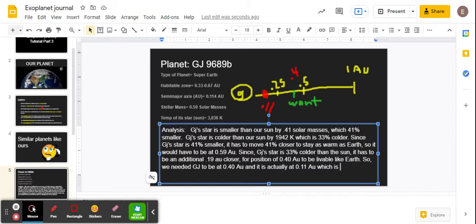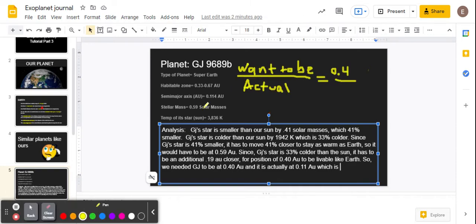So in our analysis, we'd say that we needed GJ to be at 0.4 AUs, and it's actually at 0.11 AUs, which is, and we know it's about 4 times too close, but I'm going to show you how to run the formula right now to see exactly how many times too close. So our formula would be want to be, like where we want it to be, divided by where it actually is. So we wanted it to be at 0.4 AUs.